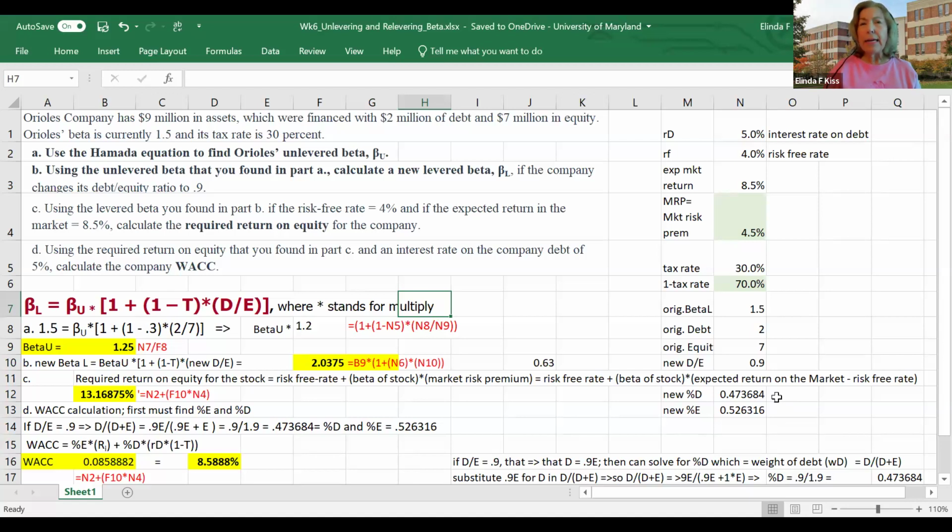The weight of equity equals 1 minus the weight of debt, so 1 minus 0.47368.